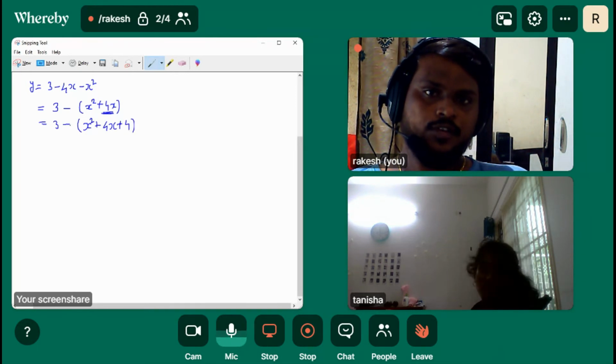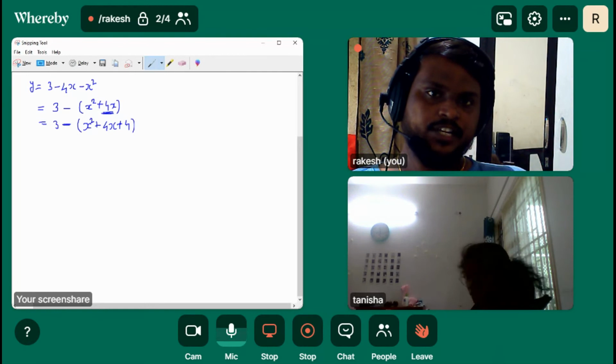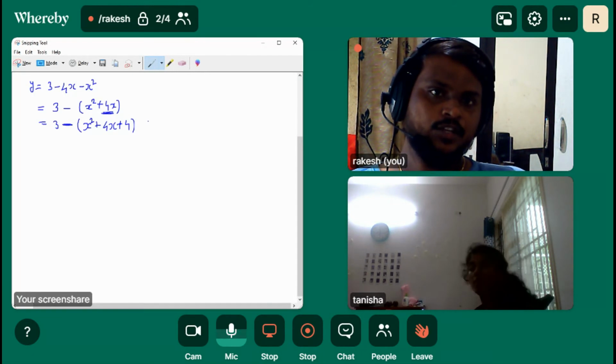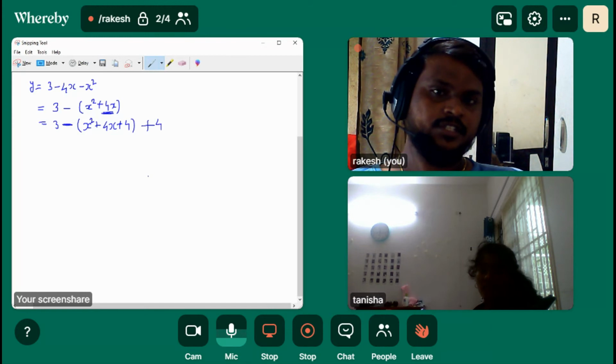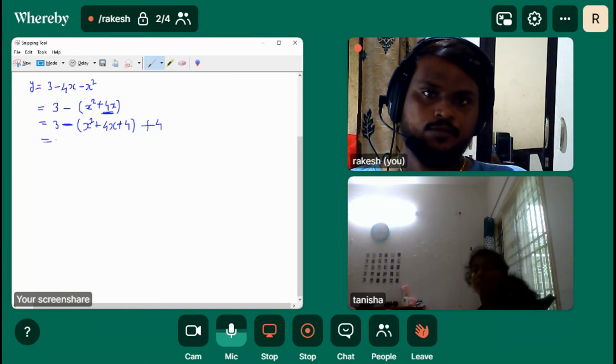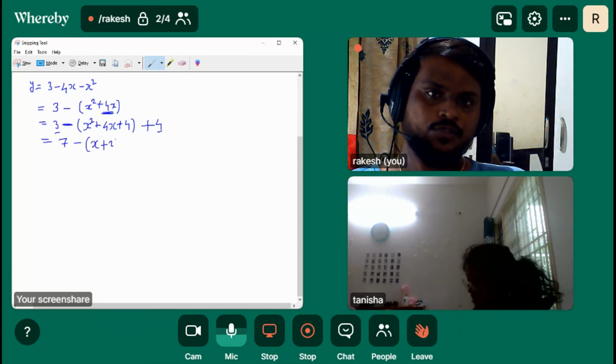Actually, we have subtracted 4 because of this minus sign. When you open the bracket, this 4 is basically with a minus sign, so outside the bracket, we have to do plus 4. Now 4 plus 3 is 7. So 7 minus, and we complete the square: x plus 2 the whole square.